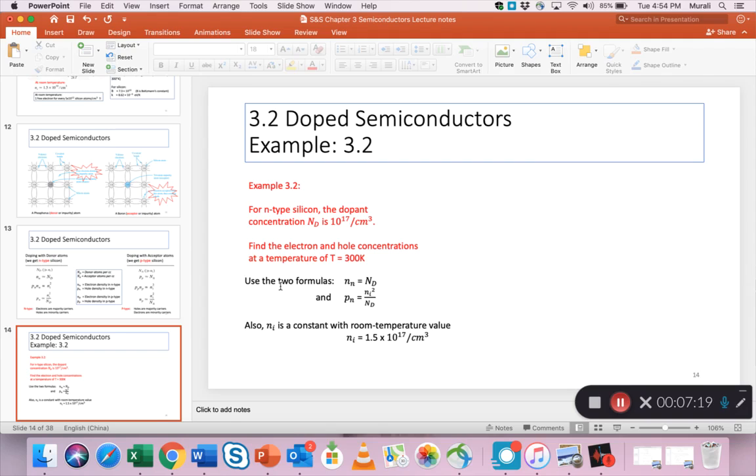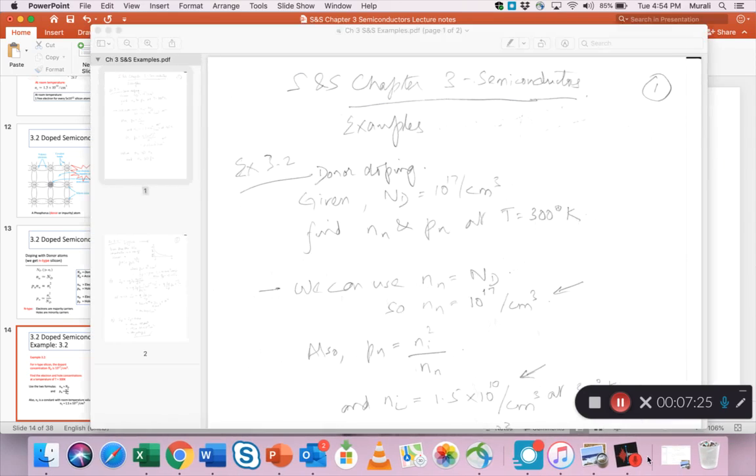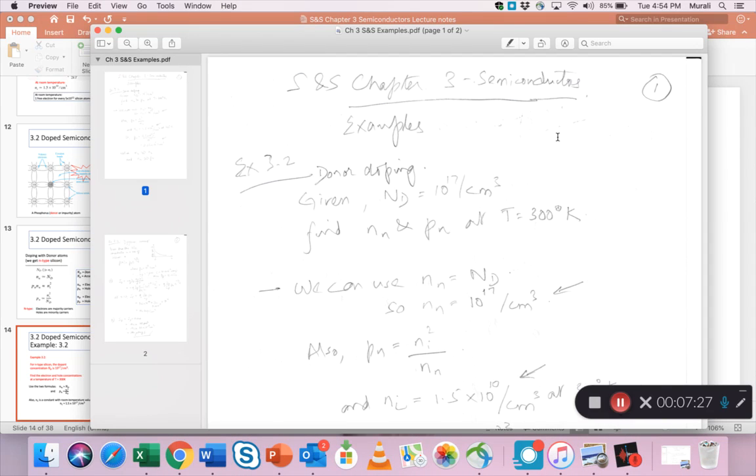So there are two formulas to use, and actually let me open my examples PDF, and this one also I posted. It's called SNS chapter 3 examples, and I'm on page 1. Okay.